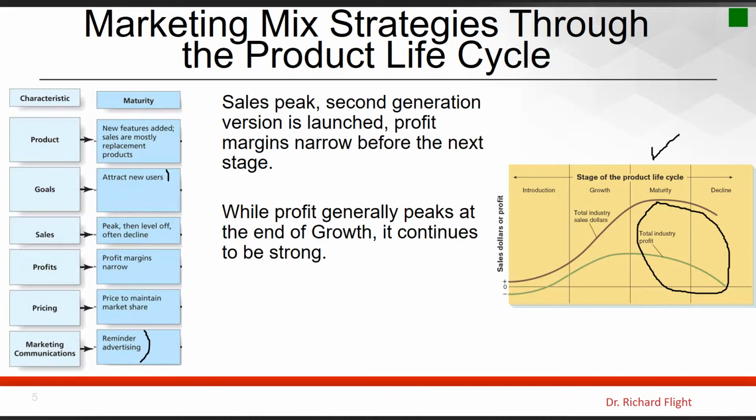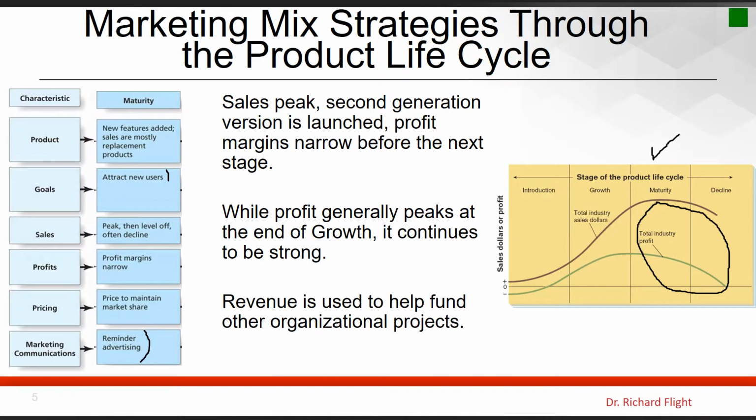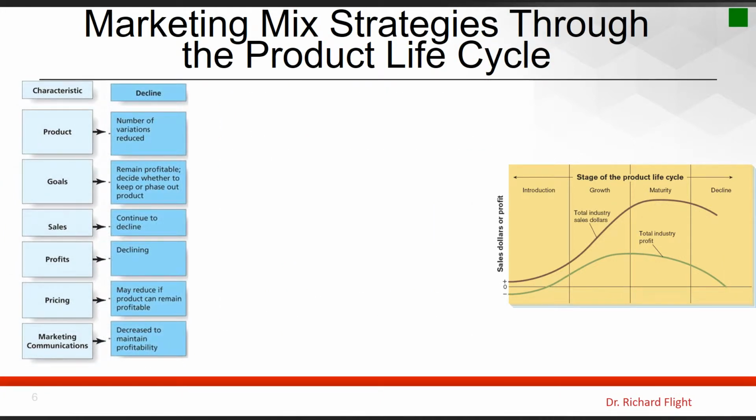Now's the time to capture the rest of the market and be able to grow from the financial success that you've been able to realize by having a good, strong final product. So this revenue then is used to help fund other organizational projects, because you have, again, what we call a cash cow that's helping fuel the engine of what else you're doing.